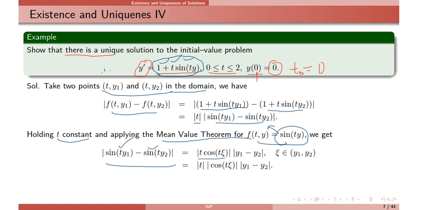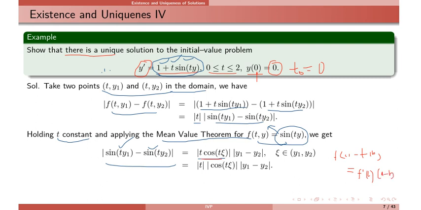So what is the mean value theorem in two variables? In one variable you write f(a) minus f(b) equal to f dash of c times a minus b, and take modulus on both sides.